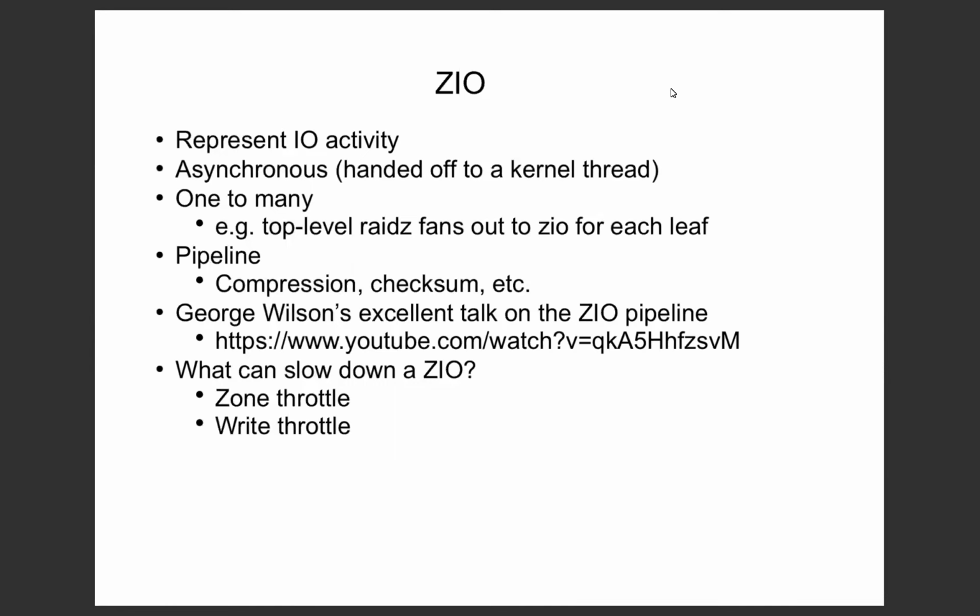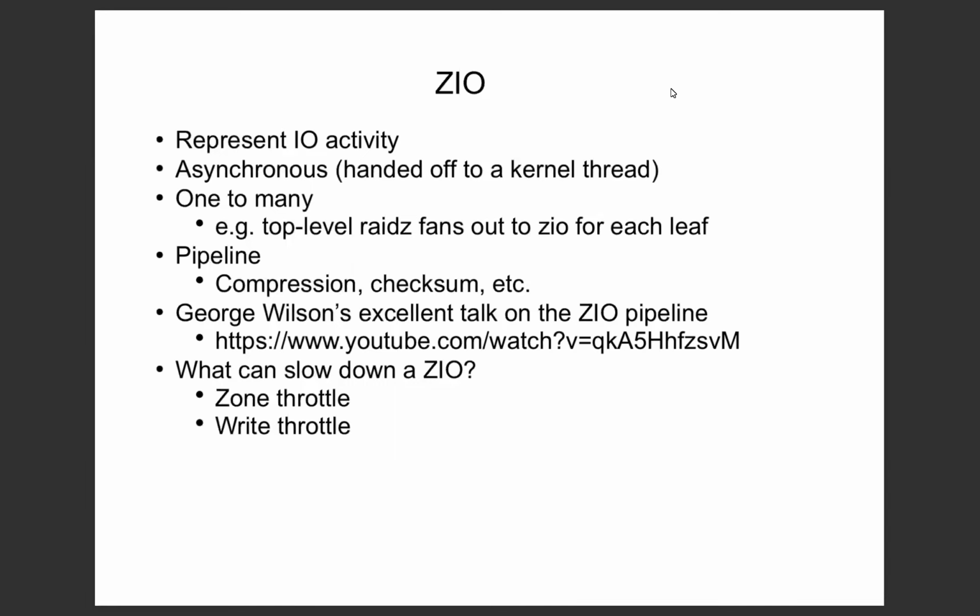This is actually a complicated thing, and if people want to learn about it in more detail, George Wilson gave a really good talk at the OpenZFS meeting held a couple months ago, which you can watch online. He takes a lot of time to go through in detail what's happening to these ZIOs as they work their way through the pipeline. That would be a good thing to watch if you're interested in learning more.